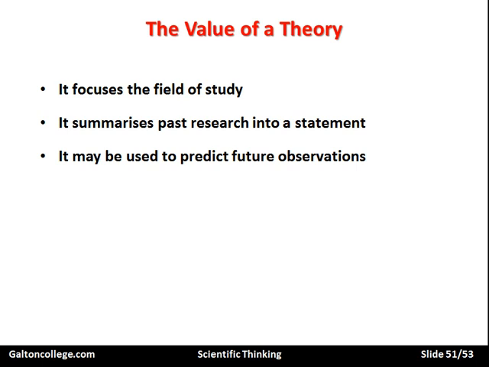Now, having got a theory, it may be used to try and predict future observations. This is a bit more controversial because it's bordering on witchcraft. It may be true or it may not be true. It's very difficult to see the future.